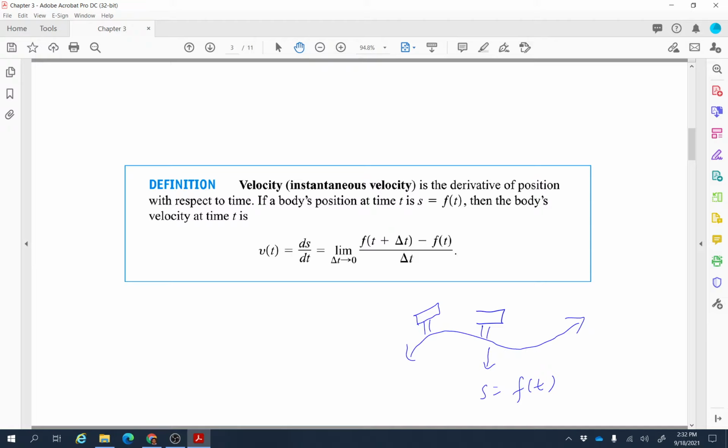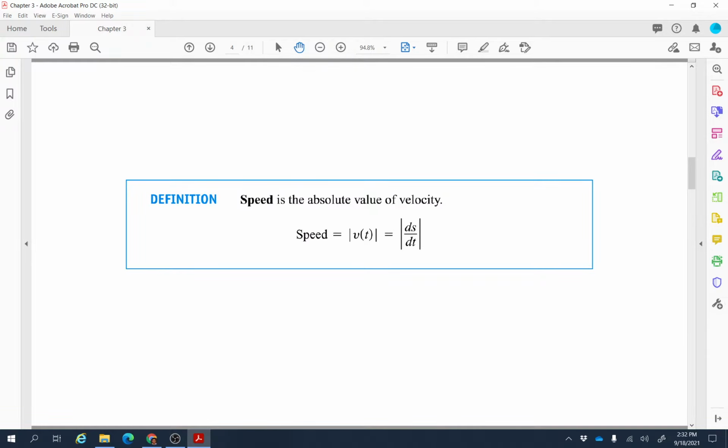So this is the object, it's moving and it's changing its position. Then we can find out the velocity of that object by finding the derivative of this function. Okay, and the speed is nothing but the absolute value of the velocity. Velocity could have direction, it could be positive or negative, but speed should always be positive.